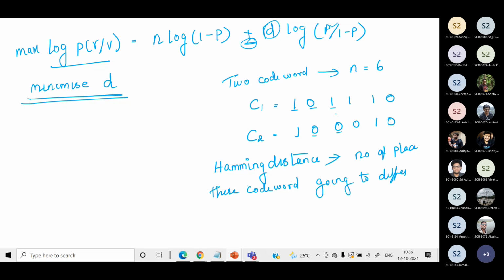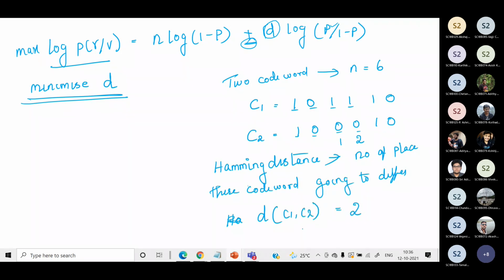Third bit position, it differs. So in one place it differs. Next one, it differs. So two places it differs. Then these two are the same. So the Hamming distance is 2. So the distance between C1 and C2 is 2. So the Hamming distance D of C1 comma C2 will be equal to 2.